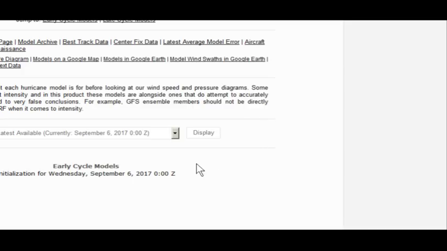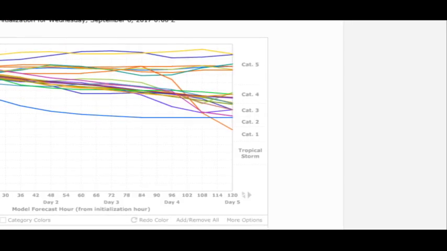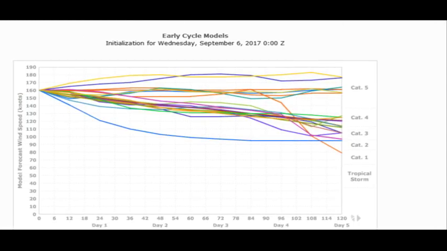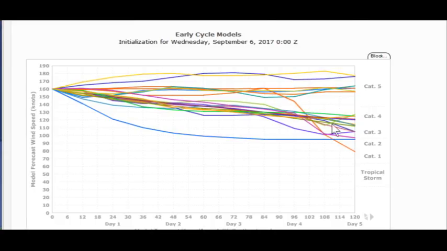Wind speed. Let me get this centered here. Okay. Let's see. The highest model, NAVGEM. Where's the HMON?